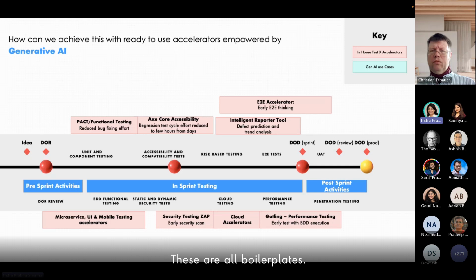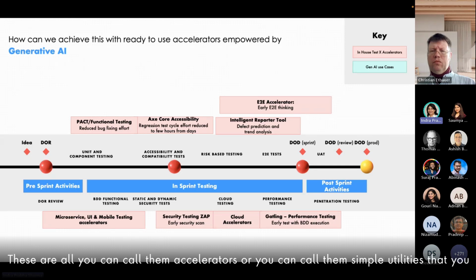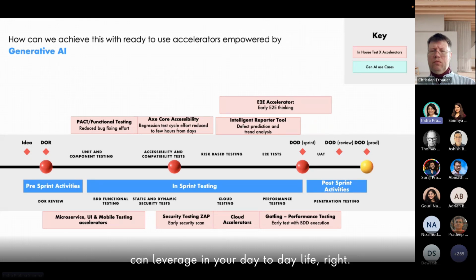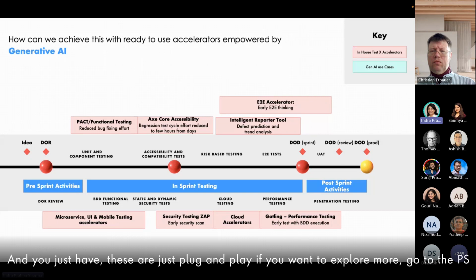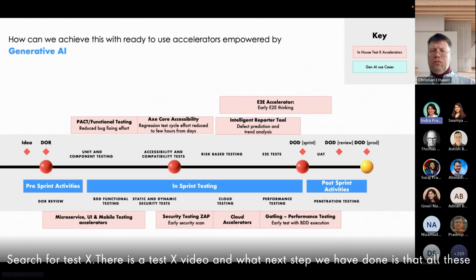These are all boilerplates. You can call them accelerators, or you can call them simple utilities that you can leverage in your day-to-day life. Right? These are just plug and play. If you want to explore more, go to the PS Inner Source portal, search for TestX. There is a TestX video.